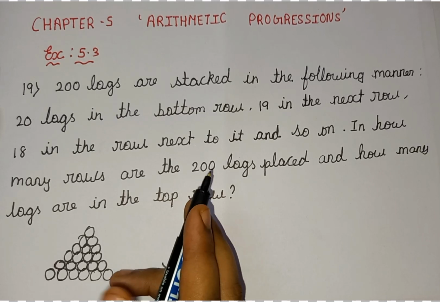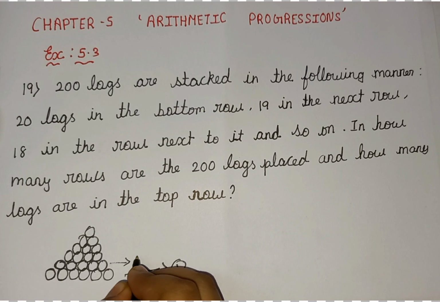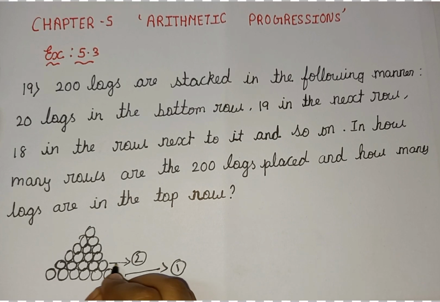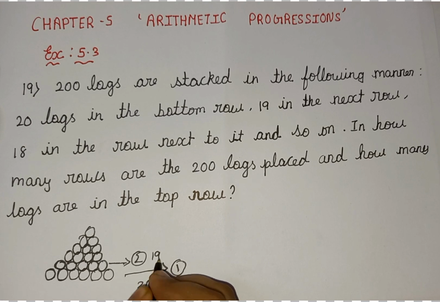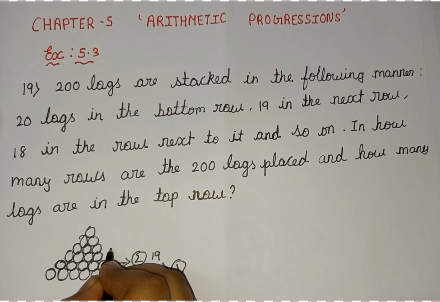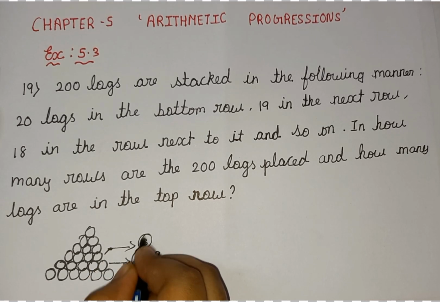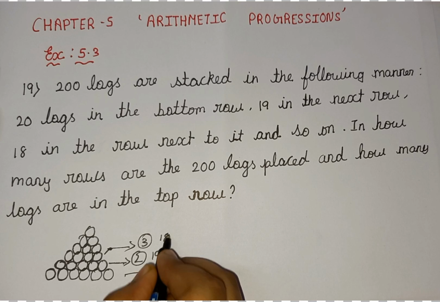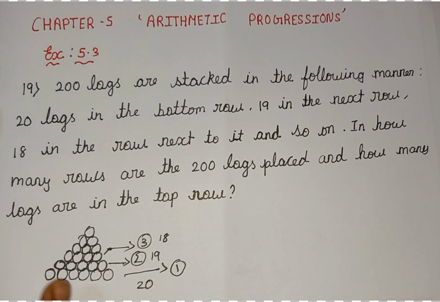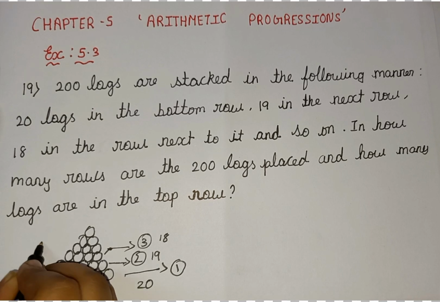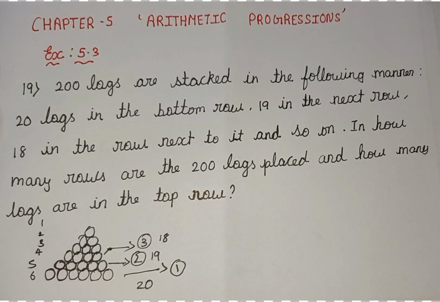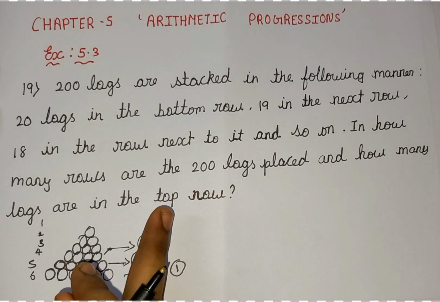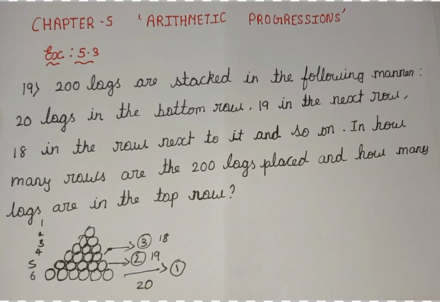In the second row there are 19 logs. In the row next to it, the third row, there are 18 logs. So likewise they are placing, like 6, 5, 4, 3, 2, 1 here, and 20, 19, 18, and then 17, 16 there. Now you understood, right?